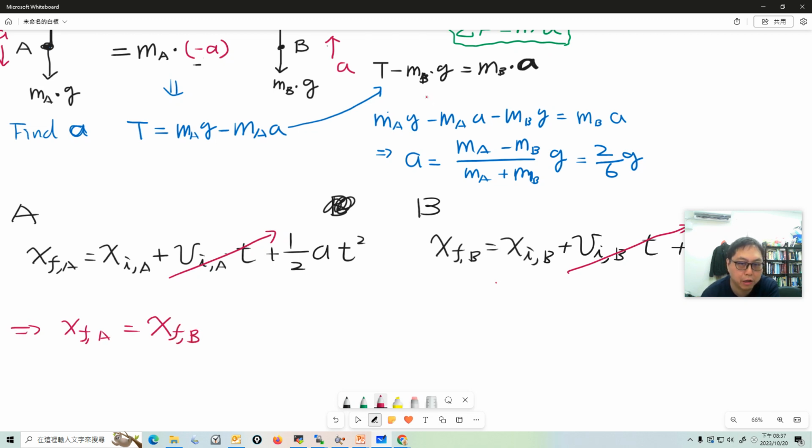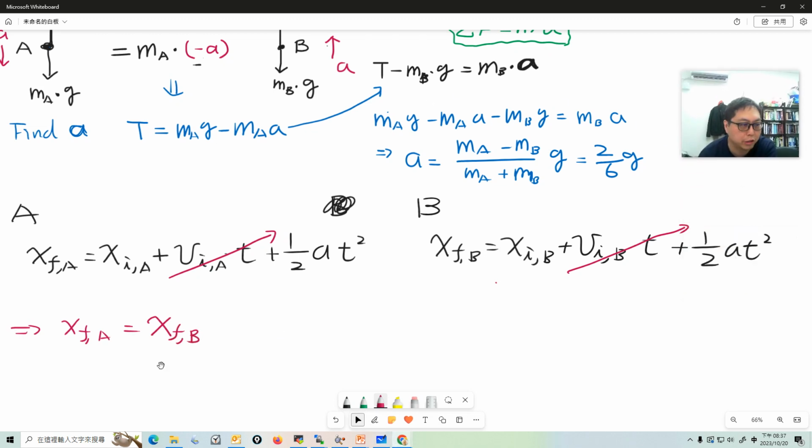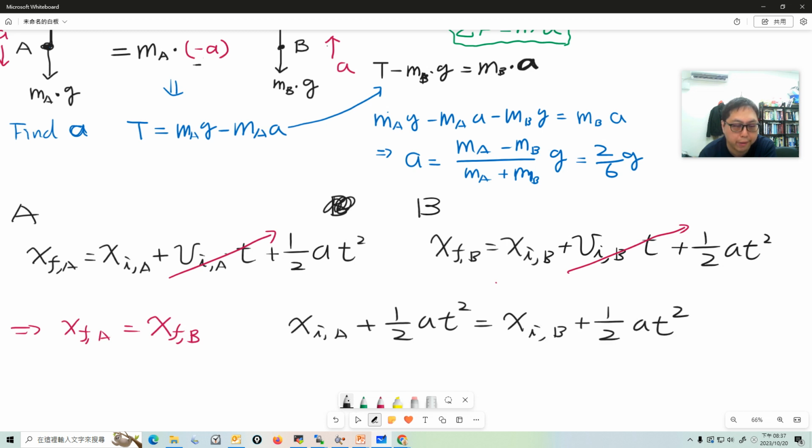Their final positions are the same. So when we add this constraint, what do we have? We will have the equation like this: XIA plus 1/2 a T squared equals XIB plus 1/2 a T squared. Right? Did I do the correct thing?